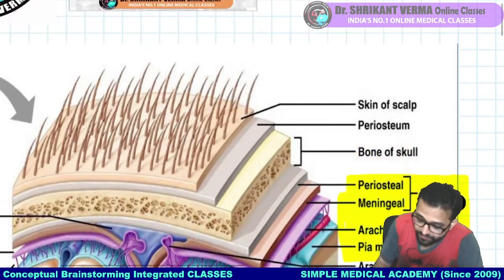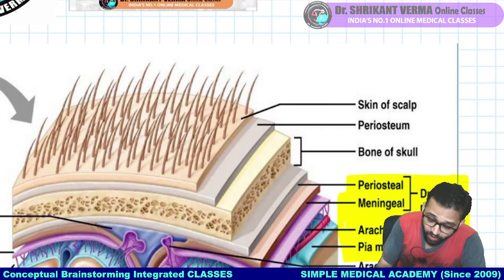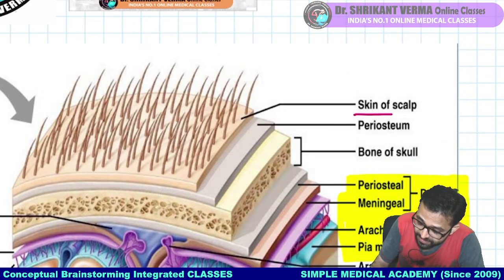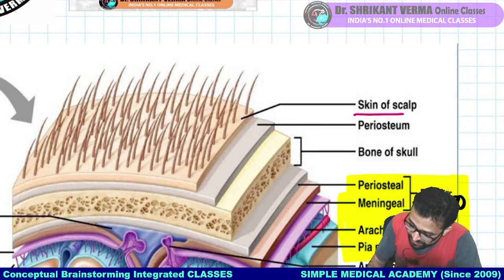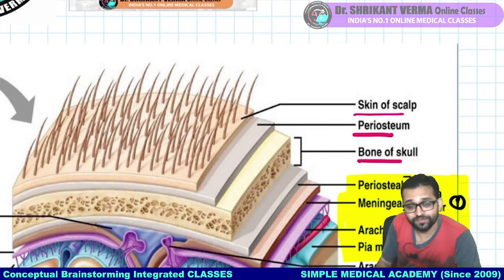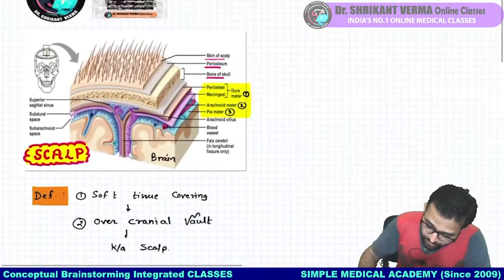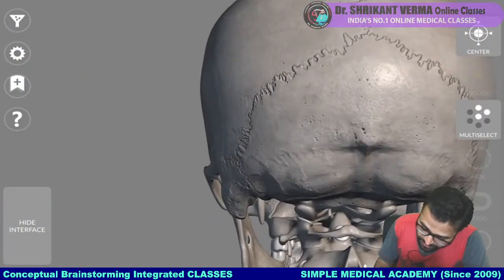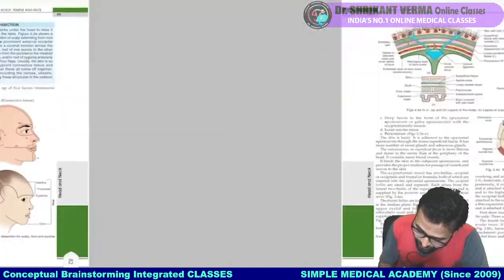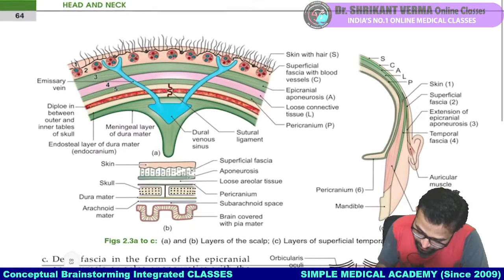But when you are looking outside, you can observe there is the skin of the scalp, there is periosteum and bone of the skull. So different layers are located. Getting the point? You can observe your textbook also, where the diagrammatic presentation of the scalp is done.